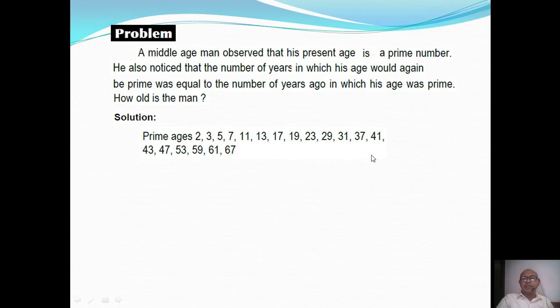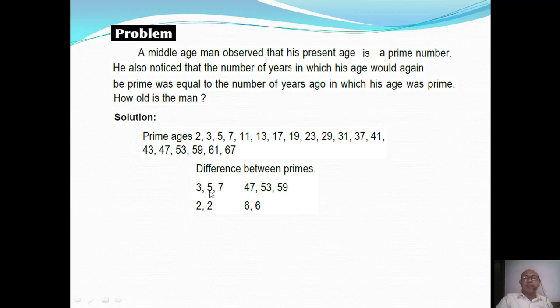If we try to check, 37 and 31, we have 6 years. But 37 and 41, the next prime number, we have here 4 years only. So if you try to check, we come up with 2 numbers or 2 ages. So we have 5 and 53. For 5, the preceding prime number is 3 and we have 2 years.